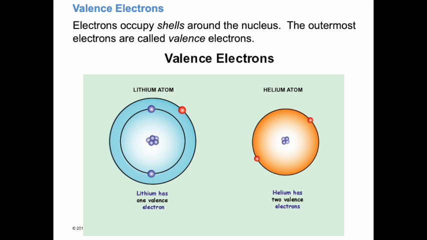And so where does the 11th go if the first shell is full and the second shell is full? The 11th has to go in the third shell. So when we add electrons to an atom, they always go in a shell. And once the shell gets full, we have to start adding electrons into a new shell. And the outermost shell is called the valence shell.